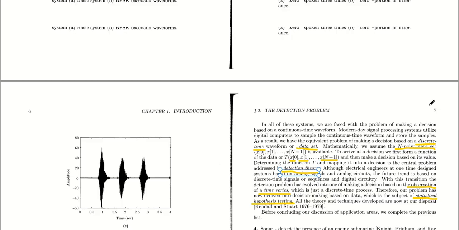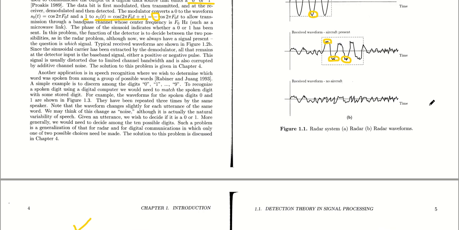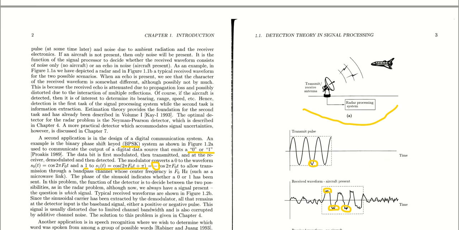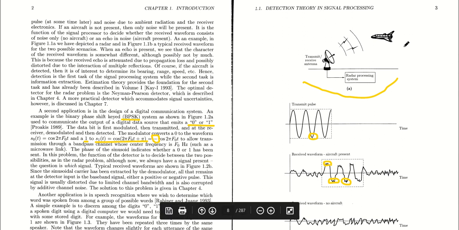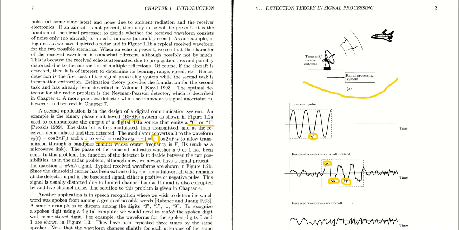So this is to say the aircraft example. If the transmitter transmits the signal and the aircraft is present, it will reflect the signal back. So you see the signal. If there is no aircraft, then the signal will go out and disappear.